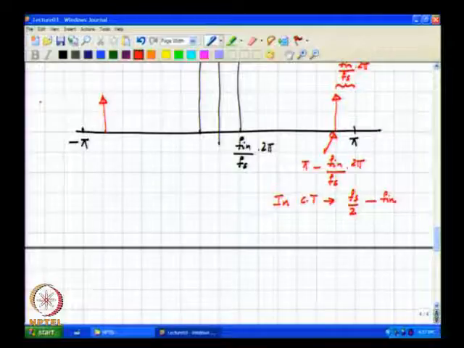That would appear only if you alias, if you sample this f in tone at Fs. The aliasing would happen exactly at Fs by 2 minus f in.